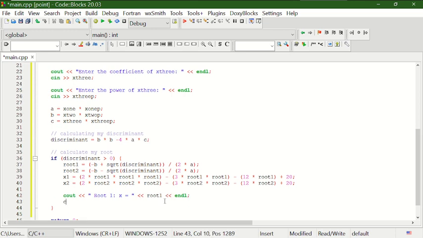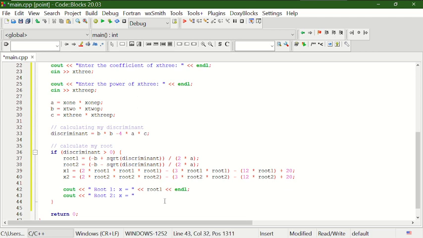So you can also print out x is equal to root 2.